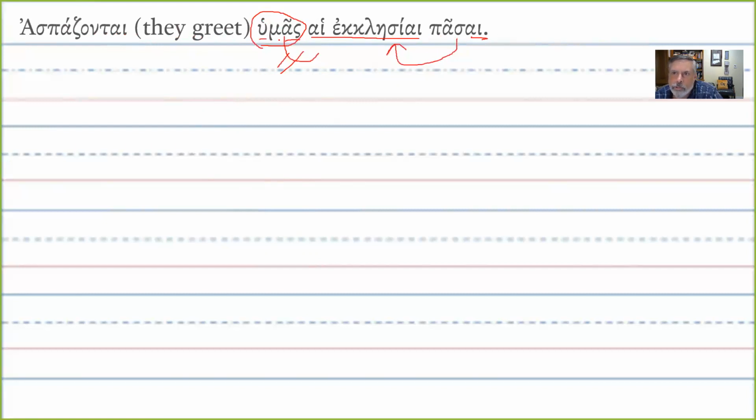All the churches. So I don't need to say they greet. I need to say all the churches greet who? They greet you. You being in the second person plural. There it is, and it's an accusative. So I know it's functioning as the direct object because it's in the accusative. So when I translate it in English, it's going to come after the verb, the greet. So all the churches greet you.